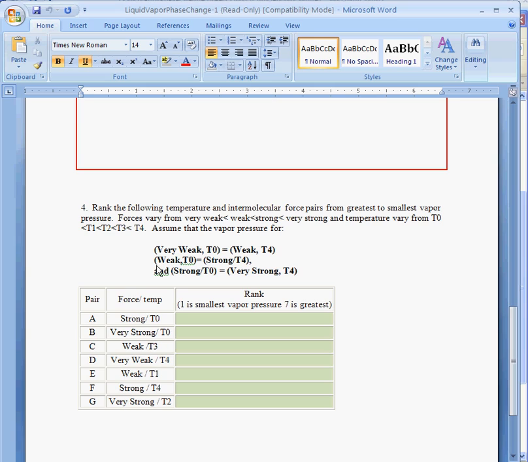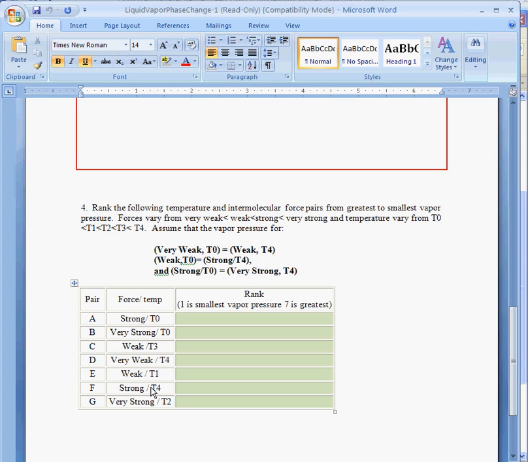This information is just provided to break ties, so that you know that a very weak cold temperature is going to have the same vapor pressure as a weak hot temperature. This information here is only to break ties. I'm not sure if you actually need it, but just in case.